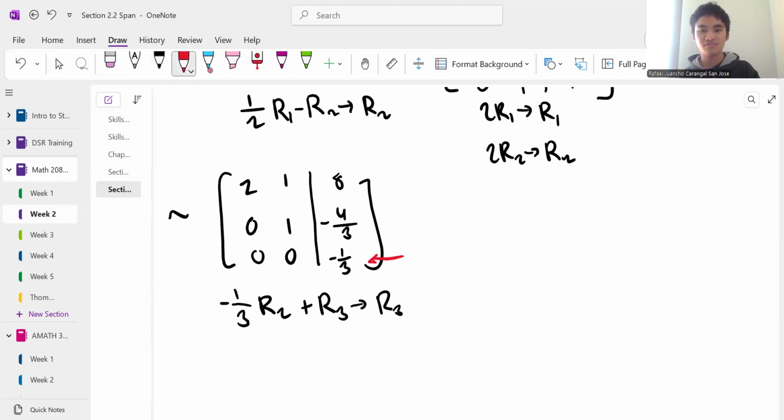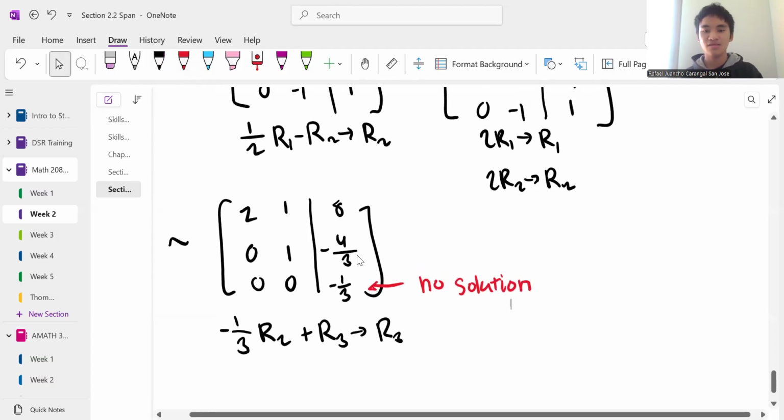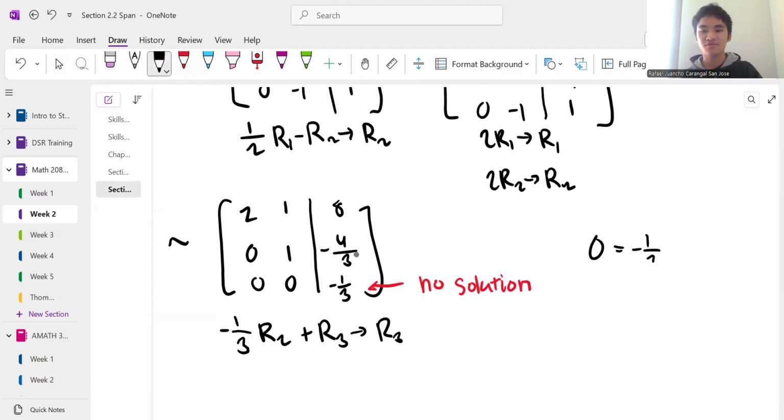Here we can see there's no solution. Right? It's in the form 0 is equal to negative 1/3.